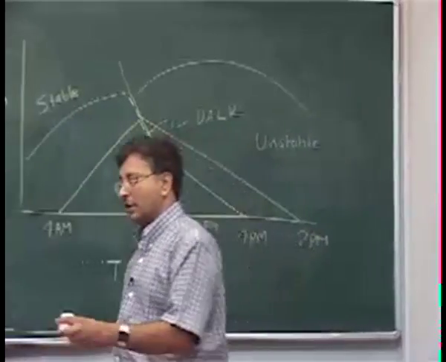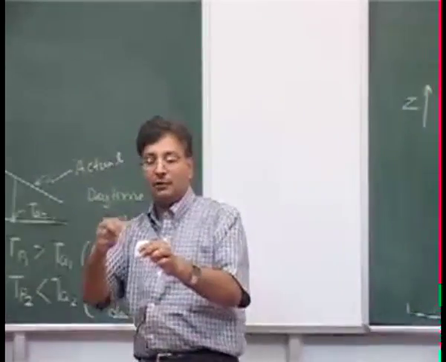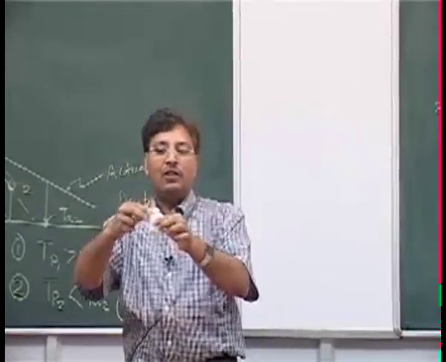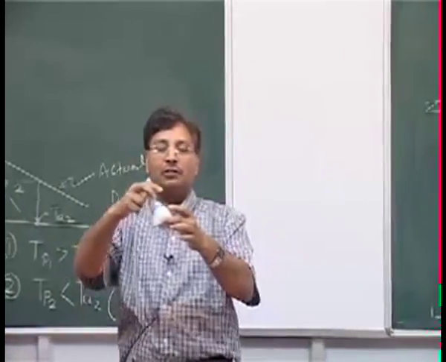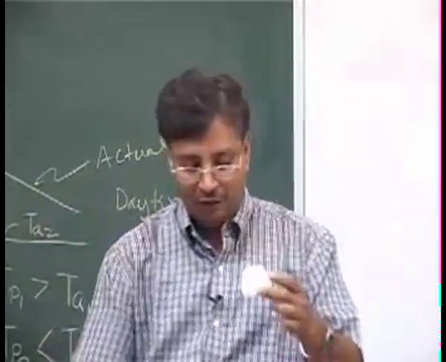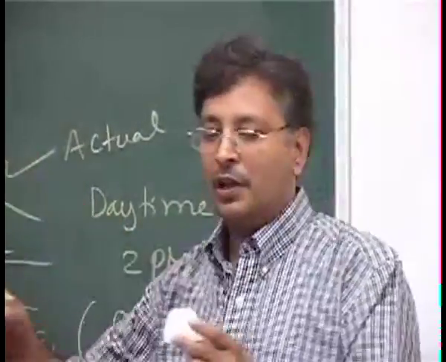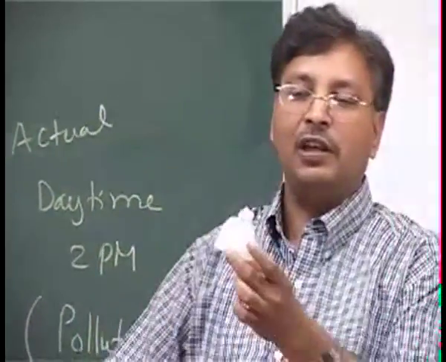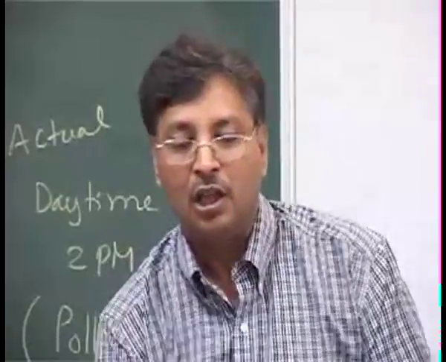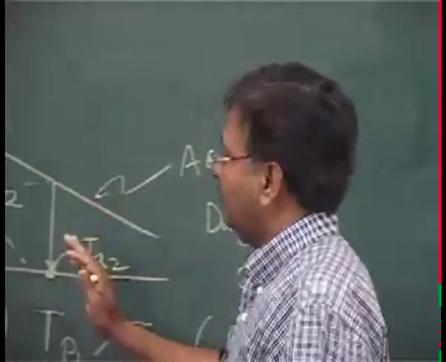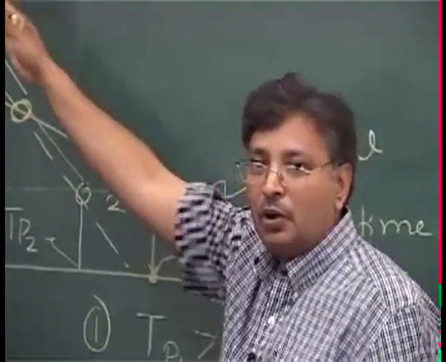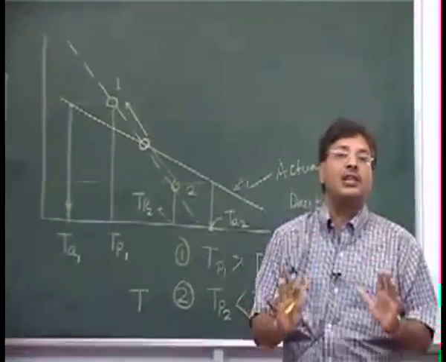It's an inverted bowl, and if there is a ball kept here, it will not be stable. If there is a little tilt, it will fall off this way, or if it tilts a little this way, it will fall off that way. So the pollutant will either continue to go up or continue to go down; it is highly unstable.